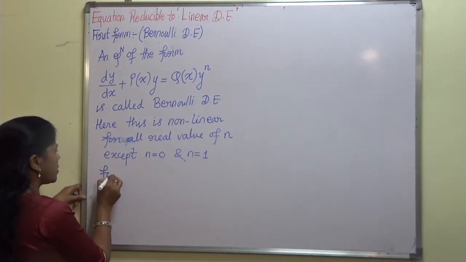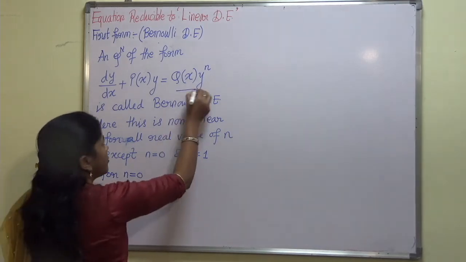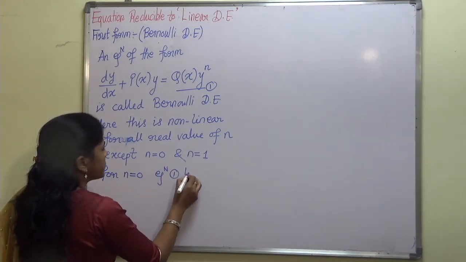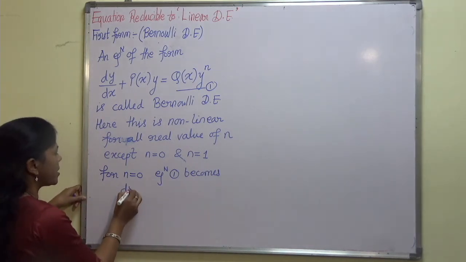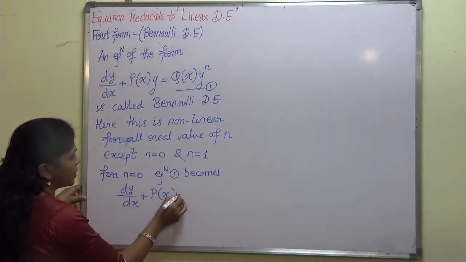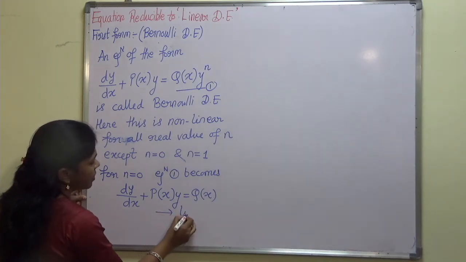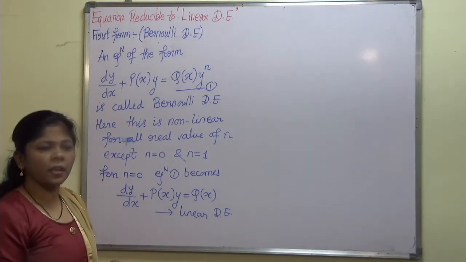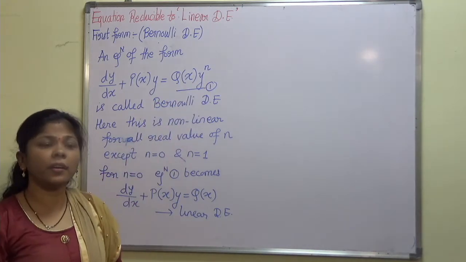Let me call it equation 1. So for n equal to 0, equation 1 becomes dy by dx plus p of x into y is equal to q of x, and this is nothing but a linear differential equation, isn't it? So that's why n should not be 0 over here. Then it is a non-linear differential equation.